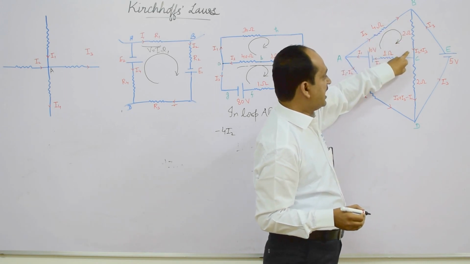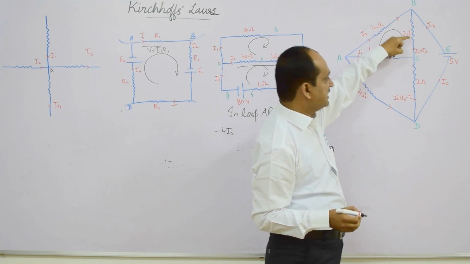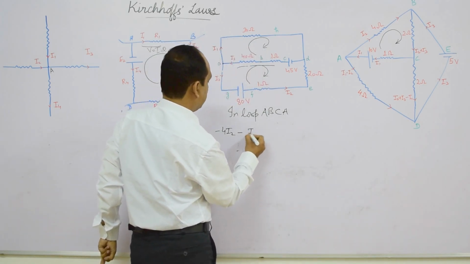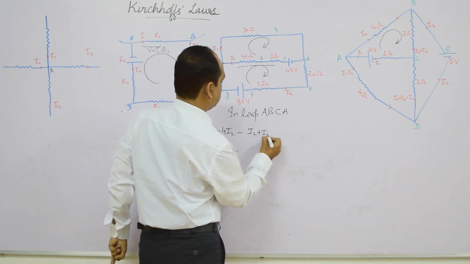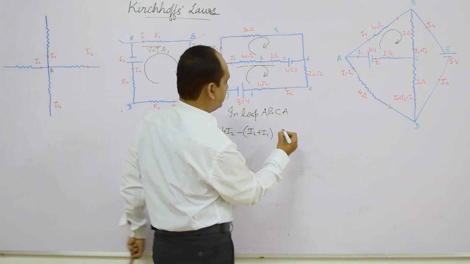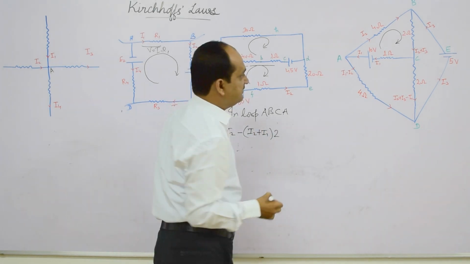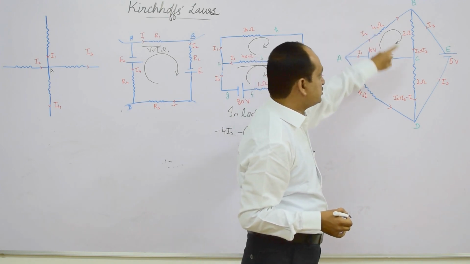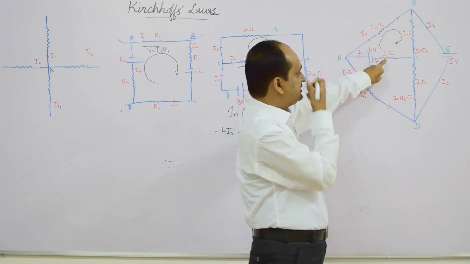Here the current is I2 plus I3 and the direction is clockwise. So we can write minus I2 plus I3 and the resistance is 2 ohm. Then here the current is also in clockwise direction and the resistance is 1 ohm.